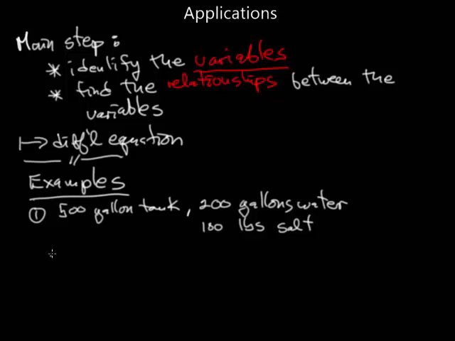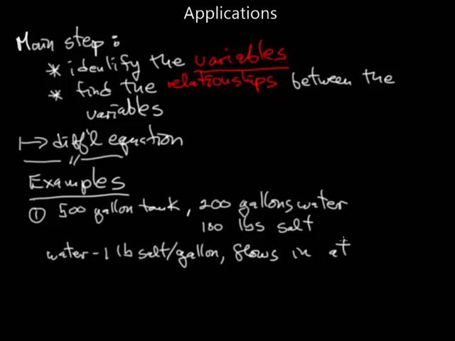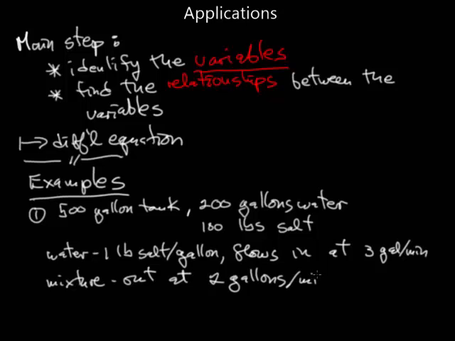So there's a certain concentration of salt in the water. Now we're adding water to the tank. We're adding a mixture of salt and water, 1 pound of salt per gallon, and that's flowing into the tank at a rate of 3 gallons per minute. On the other hand, we're taking water out of the tank, and that is to say the thoroughly mixed water is coming out of the tank at 2 gallons per minute.